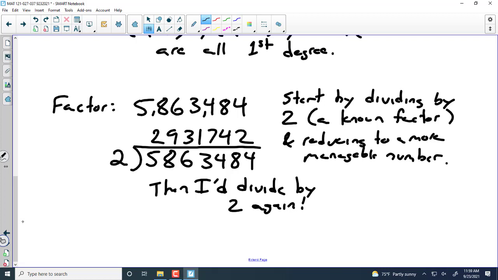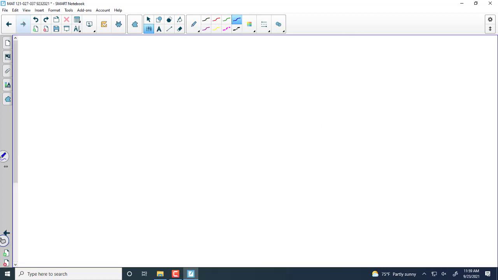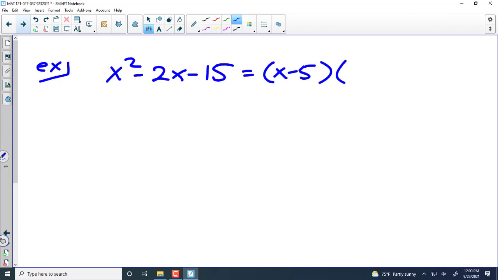It's going to be the same thing with polynomials. Now, this part's a little sticky, but we do have to do this. I know, because I picked this one, that this quadratic factors to x minus 5, x plus 3. Not only are those the factors, but those are the unique factors. There's no other way to factor this thing.